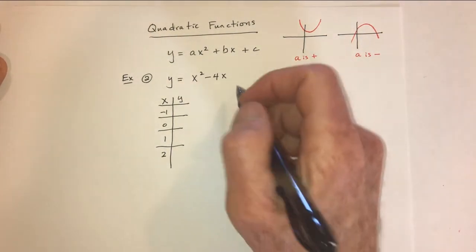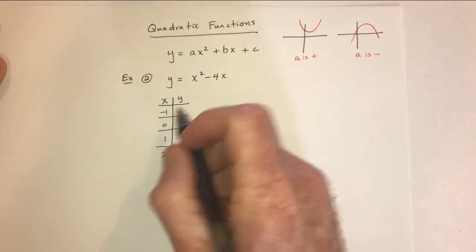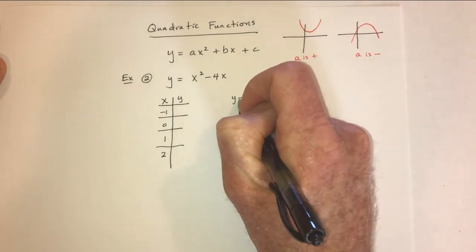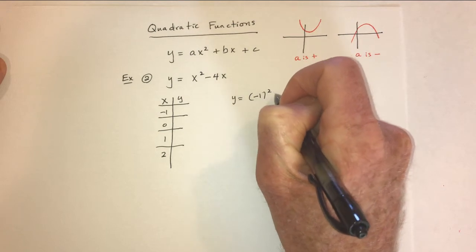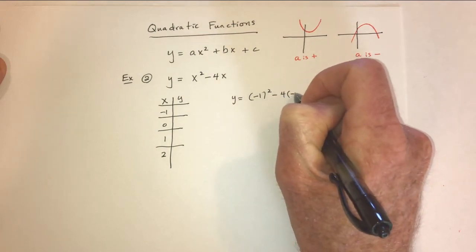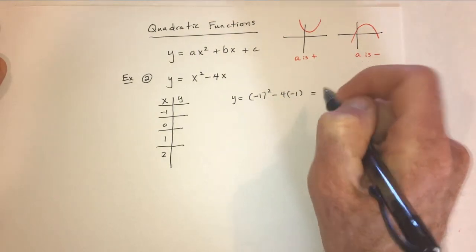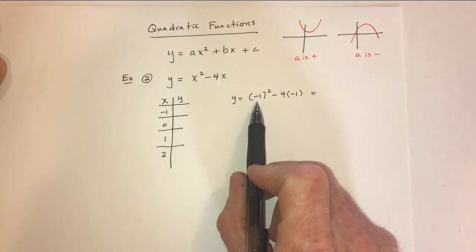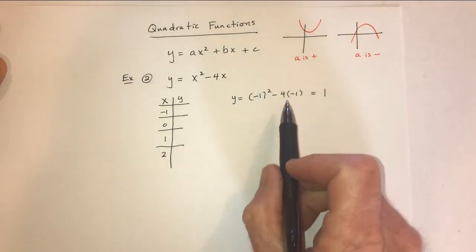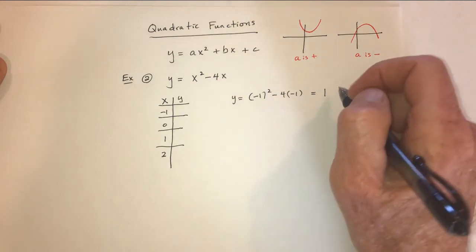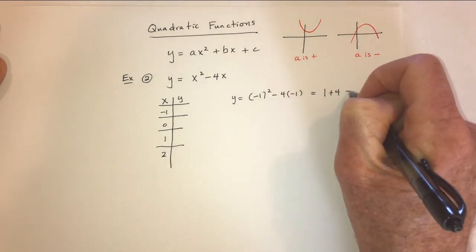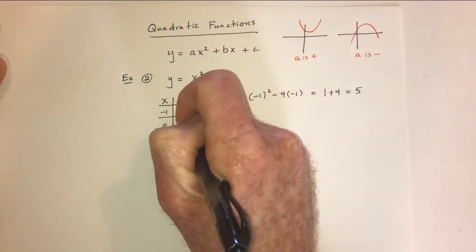So when you substitute a negative 1, that's going to be y equals -1 squared minus 4 times a -1. So this, when you square it, becomes a +1, and then a negative times a negative will be +4, so that equals 5.